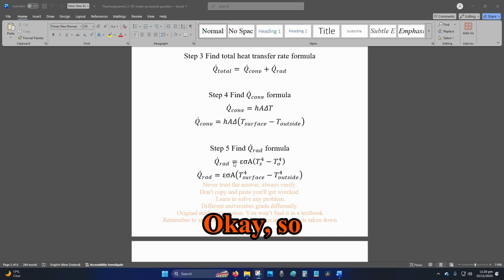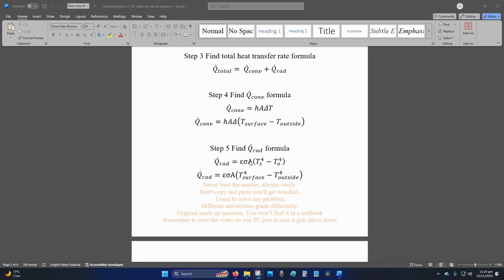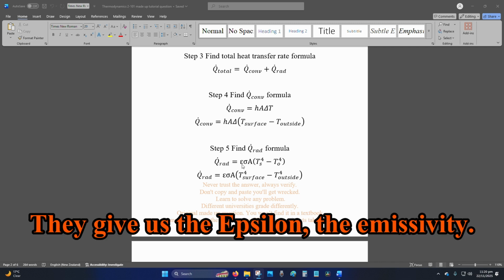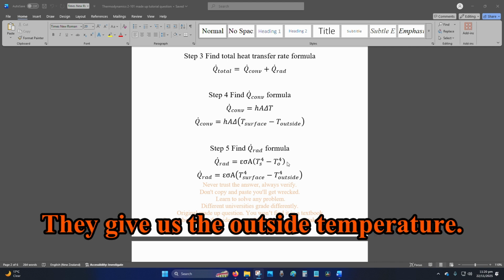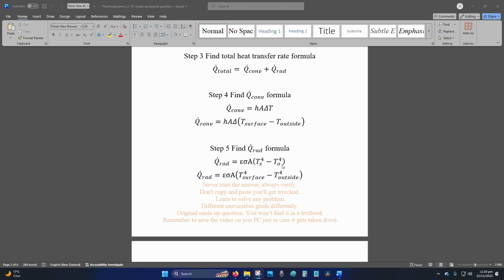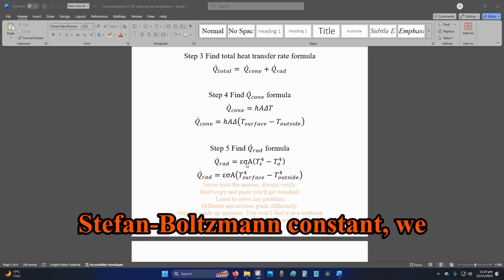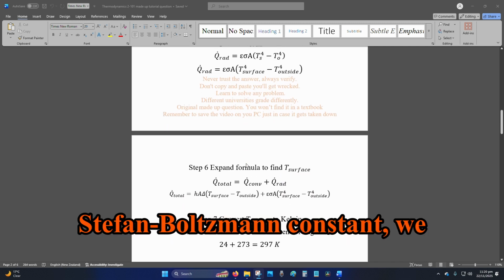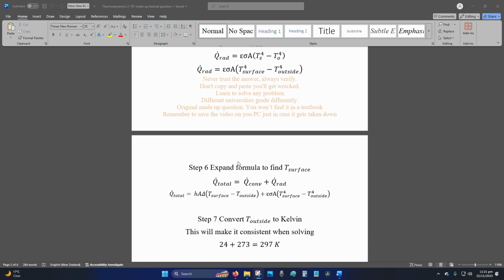Okay, so they give us the heat transfer coefficient, which is h. They give us the area. They give us the epsilon, the emissivity. They give us the outside temperature. So they give us everything, and for sigma, our Stefan-Boltzmann constant, we can look it up in the table.